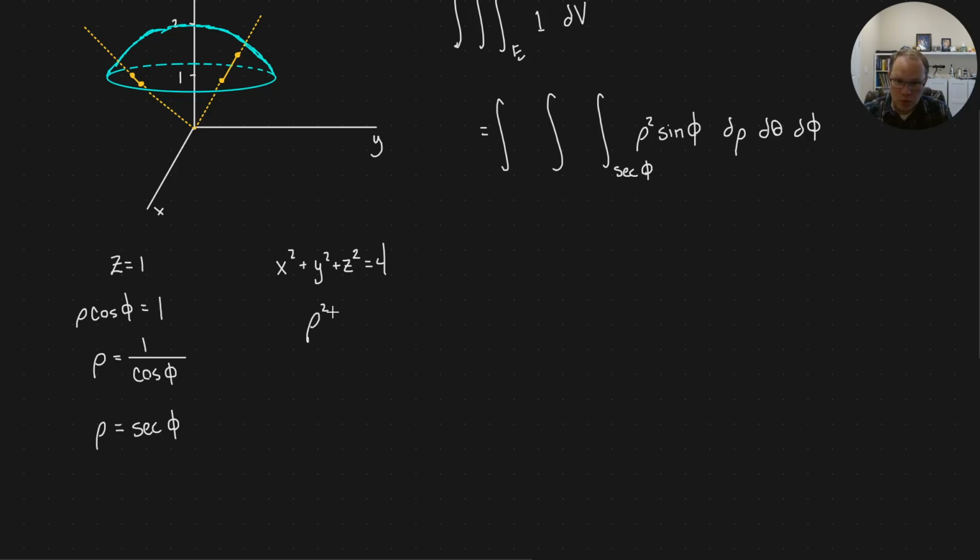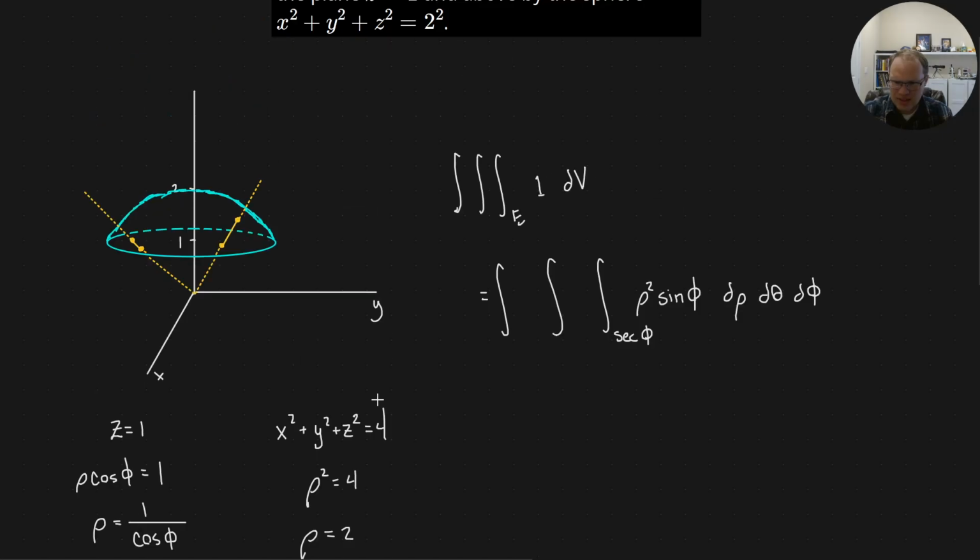Which means rho squared equals 4, since rho squared is equal to x squared plus y squared plus z squared. If I take the square root, I get rho equals 2. Okay? Makes sense. It's a sphere of radius 2. And rho is the spherical radius, so it should hit the edge of the sphere, radius 2.